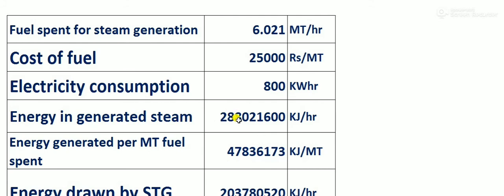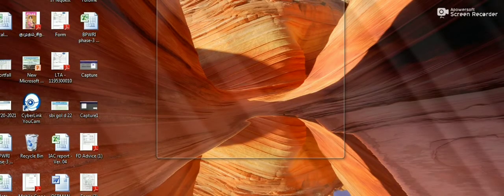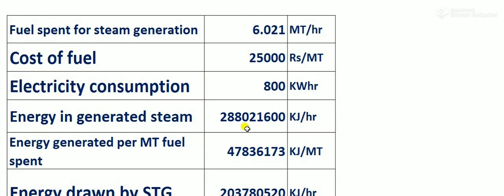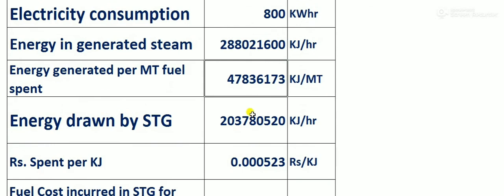The energy in the generated steam is the enthalpy of the steam at the outlet into the mass flow rate of the steam generated. Then the energy generated per metric ton of fuel we calculate, that is this one divided by metric ton of fuel.